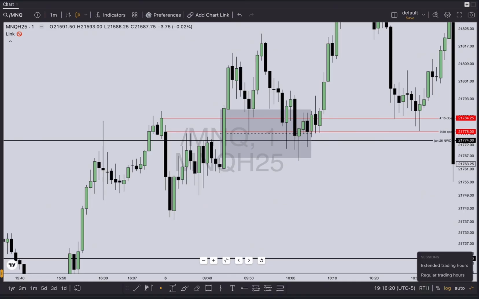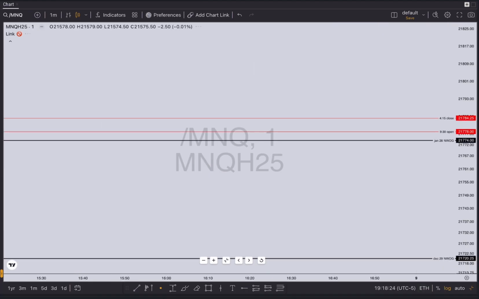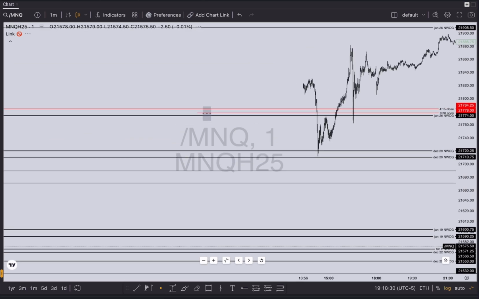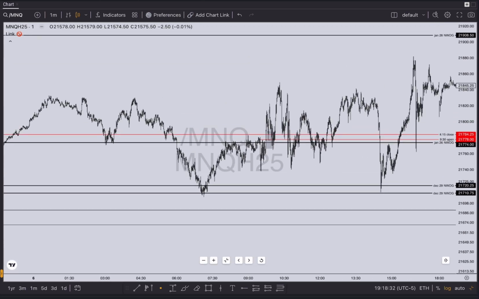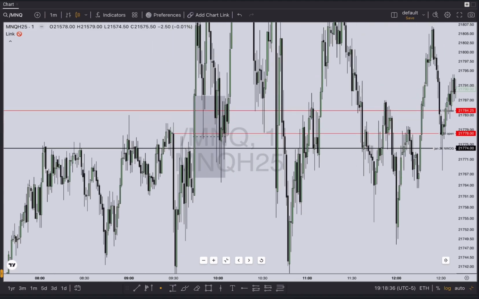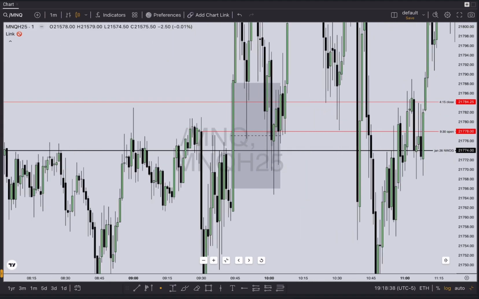So if we toggle back to electronic or extended trading hours, now we've toggled back, and you can see how the 4:14 close that I denoted here is obviously way back.